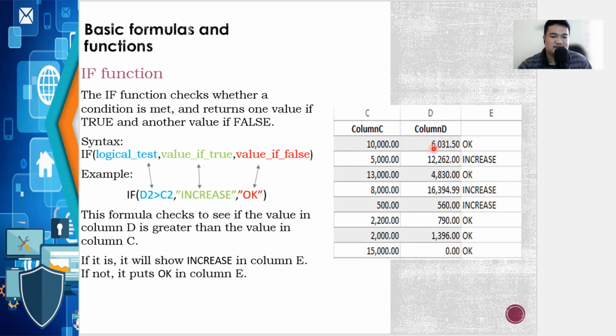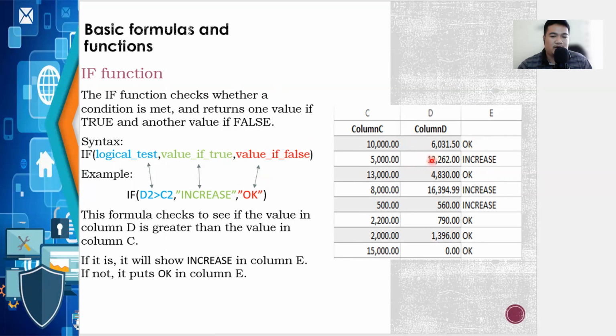D2 is 6,031.50 and C2 is 10,000. Check natin. Is D2 greater than C2? Mas malaki ba ang D2 sa C2 sa record na to? No, mas maliit siya. Kaya, ito yung kanyang value dahil false.